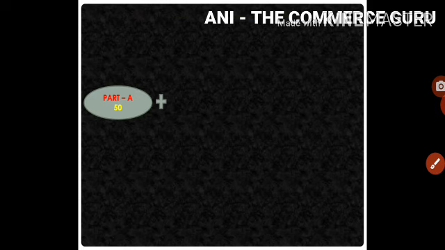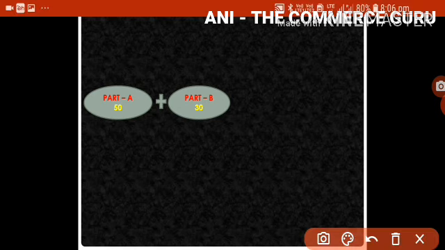Then Part B, 4 chapters, carries 30 marks. So together Part A and Part B, we got 80 marks. Part A 50 marks plus Part B 30 marks, together it brings 80 marks.